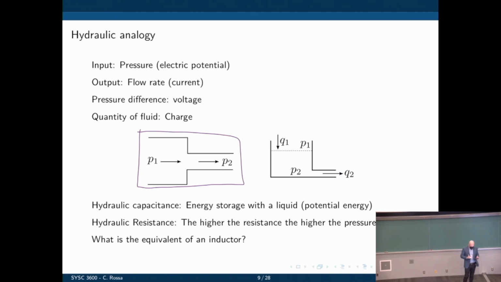And a tank such as this one, for example, with two flows, one coming in, one going out, the integral of the difference is the quantity of fluid at a time, and how much is stored is how much energy we are storing in the system, which could be equivalent to the capacitance in an electrical circuit.